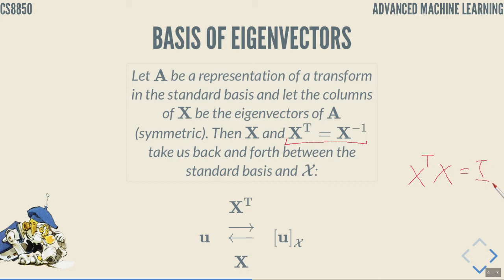And we go from a canonical basis to a basis of eigenvectors of A with X transpose, and back from the basis of eigenvectors of A into the canonical basis with X.